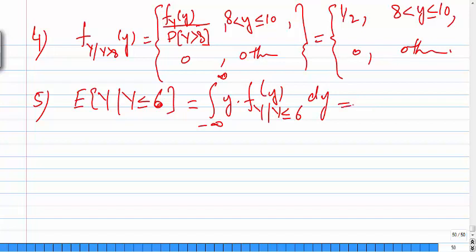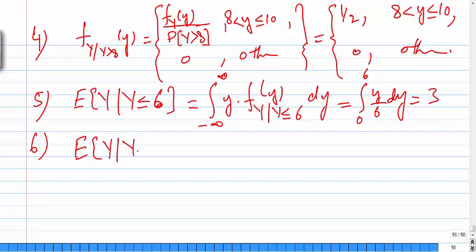When I plug in the values from 0 to 6, it becomes y by 6 dy, and I get 3.